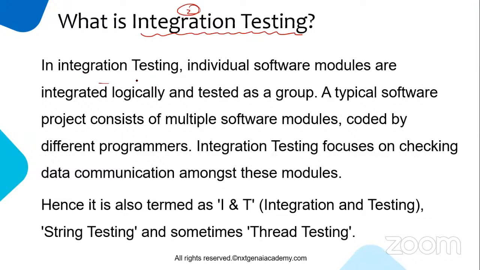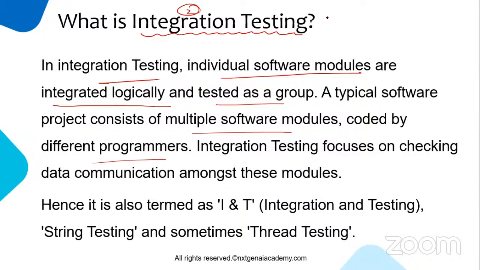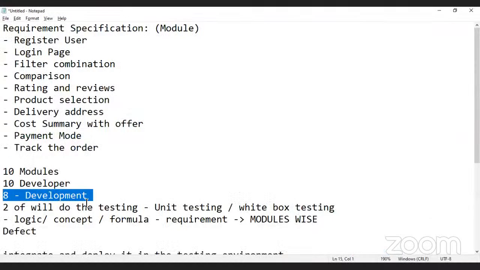In integration testing, individual software modules are integrated logically and tested as a group. A typical software project consists of multiple software modules coded by different programmers. Why do you want integration testing? Because the dev team, in our example, has 8 developers, and it is not like all 8 developers will have the same knowledge.